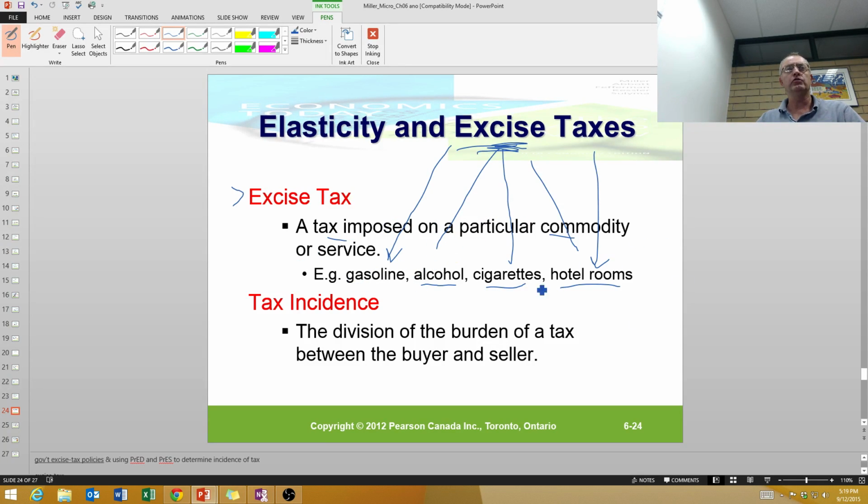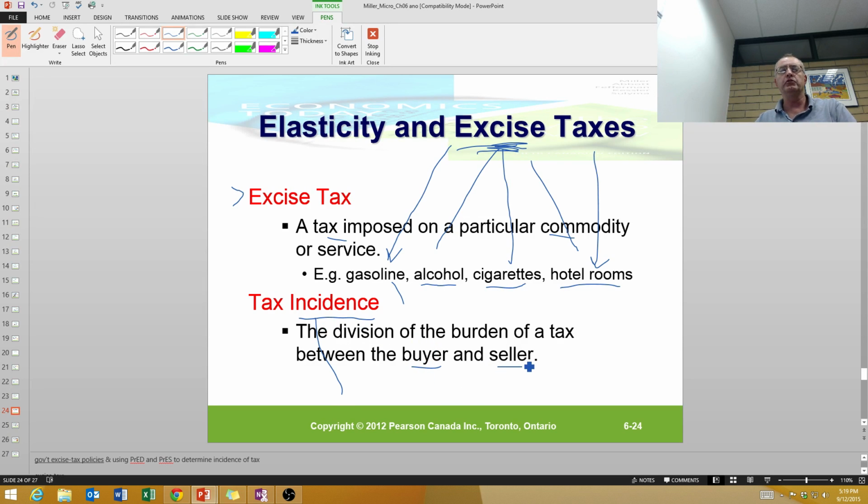Okay, so if we have a product and the government imposes a tax on it, say gasoline, at 50 cents a liter, who pays most of the tax? Is it the seller or the buyer? How the tax is allocated is called the tax incidence. It's the allocation of tax between the two.